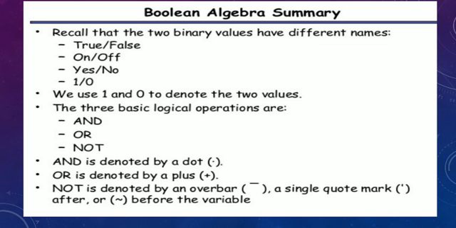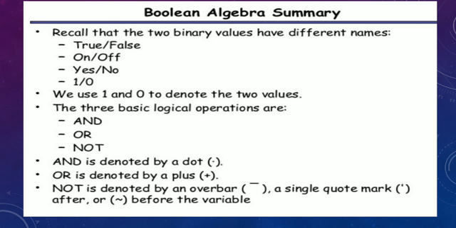Recall that the two binary values have different names: true or false, on or off, yes or no, or 1 or 0. We use 1 and 0 to denote the two values, right? And there are three basic logic operations: AND, OR, NOT.